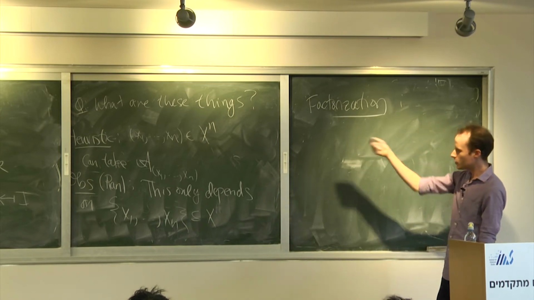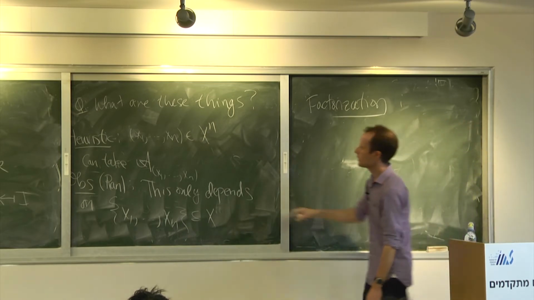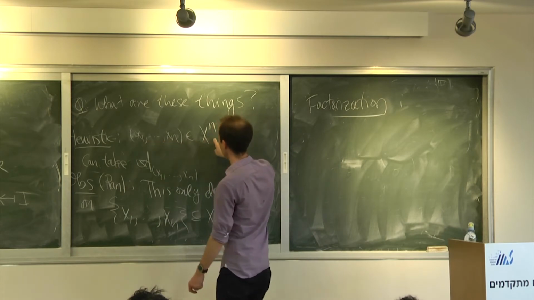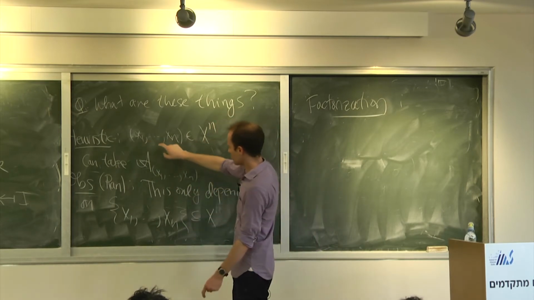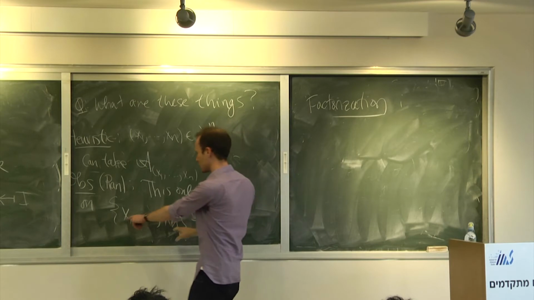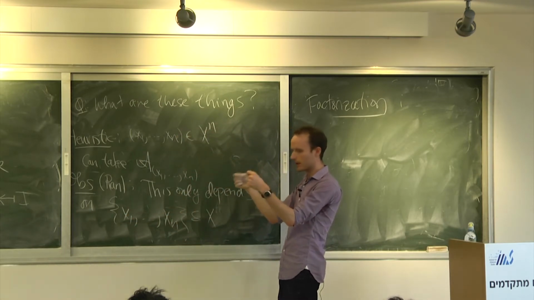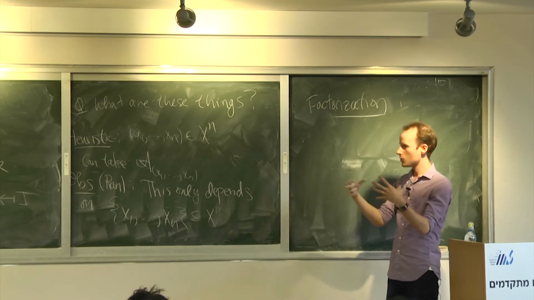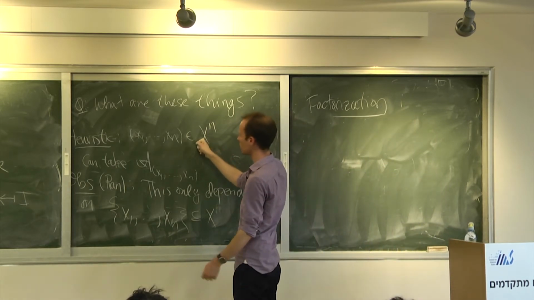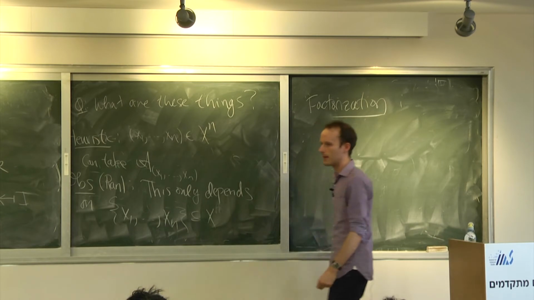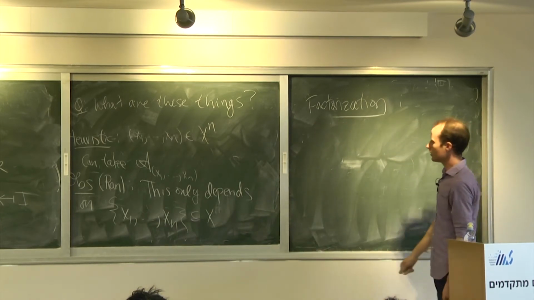So in this case, I can continuously vary my points in the curve, and I can allow them to collide. And again, my vector spaces are supposed to be continuous with respect to that, because I can allow them to collide onto the diagonal inside of x to the n.